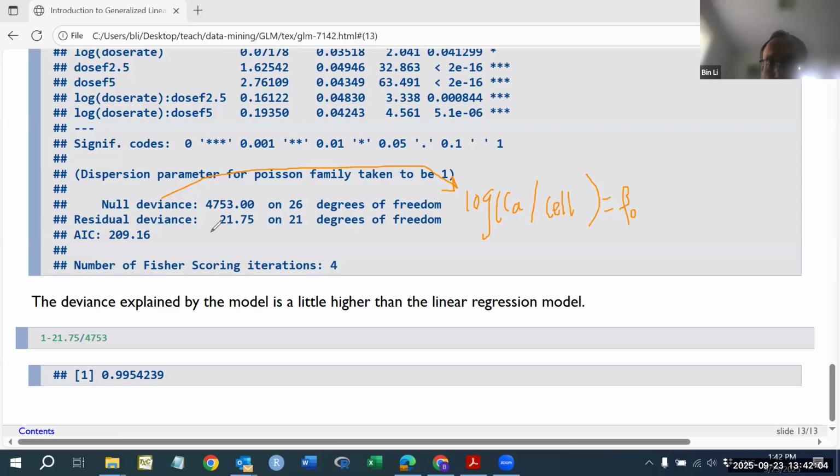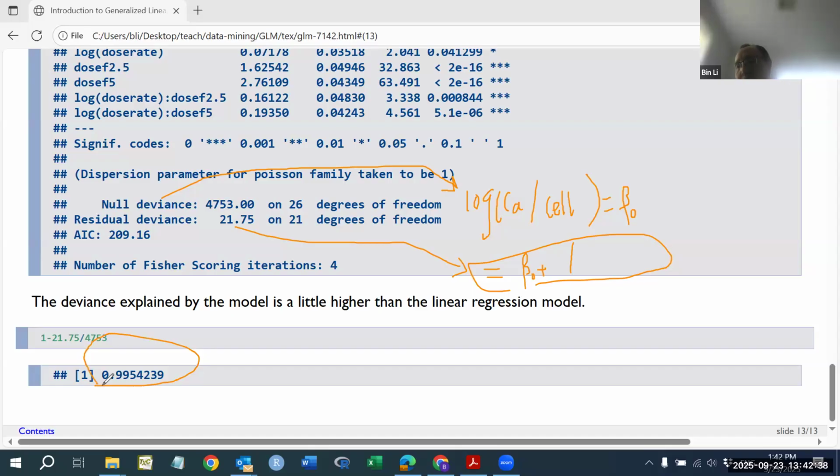What is the residual deviance? Residual deviance shows the model where the left-hand side is still the same, but this time we include beta zero plus the log of the dose rate plus the dose amount plus the interaction. So that is the full model. So you can see what proportion of deviance has been explained by the model. That is over 99%.